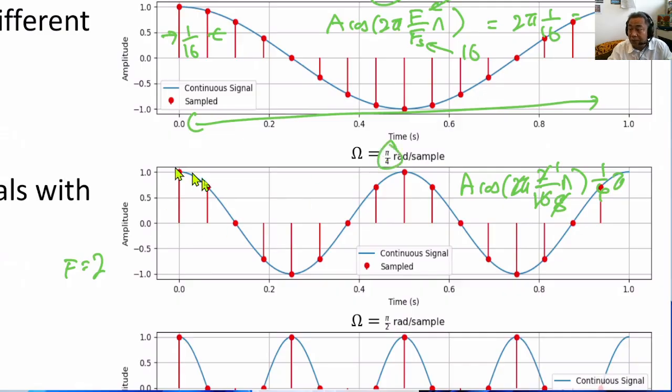So that means in one sample, we are moving by pi over 4. In two samples, we are moving by pi over 2. So we reach the 90 degrees or pi over 2 for the cosine. That's why this cosine will touch 0. Again, move by two samples, will reach pi.